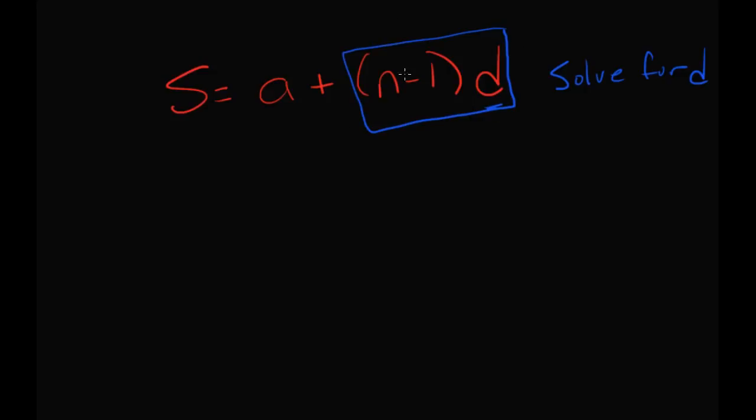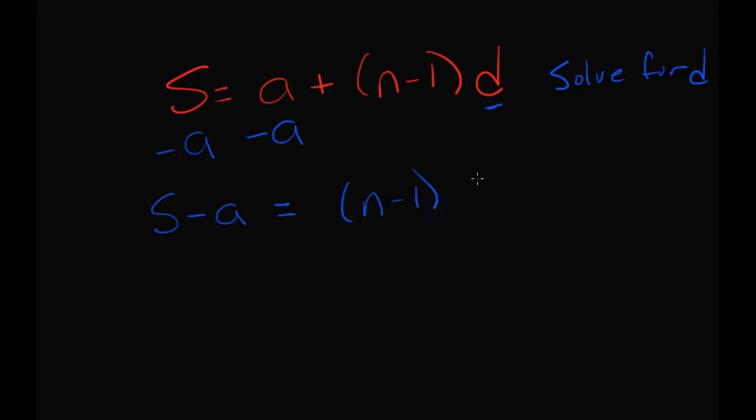So we need to get this whole term alone. To do that, we've got to get rid of this a. So we're going to subtract a from both sides. So s minus a is equal to n minus 1 times d.